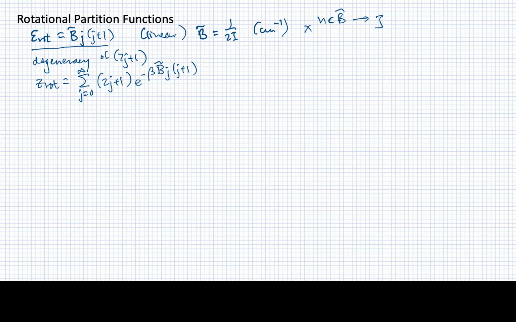Now this ordinarily would be a pretty difficult thing to evaluate, this kind of summation, but just as we did in the case of translations, it turns out that we can take this summation and convert it into an integration, because the rotational energy levels for most molecules are so close together that it makes that an equivalent sort of determination.